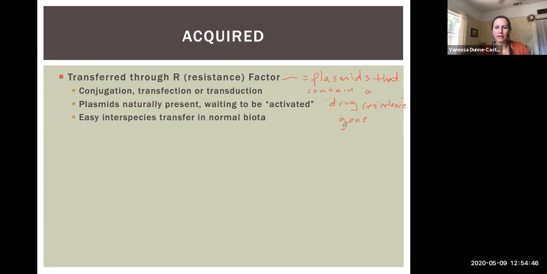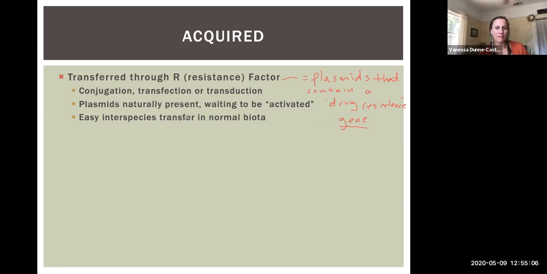Right, so some kind of gene that encodes for an enzyme that may deactivate that drug or may prevent its transfer into the cell, or there are many ways that drug resistance can be promoted by different types of genes, by different types of enzymes.